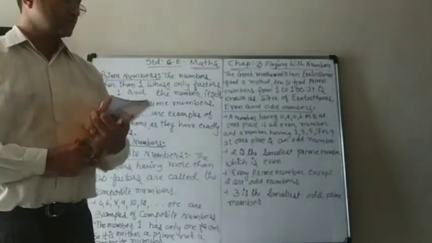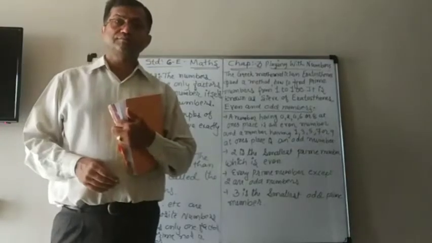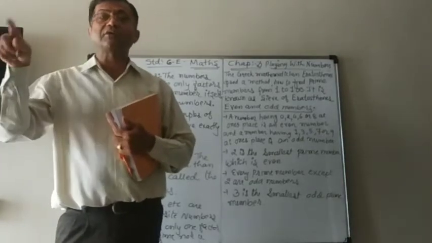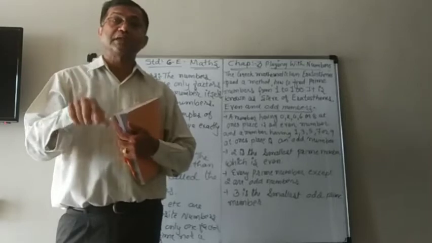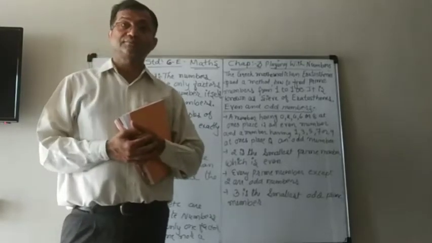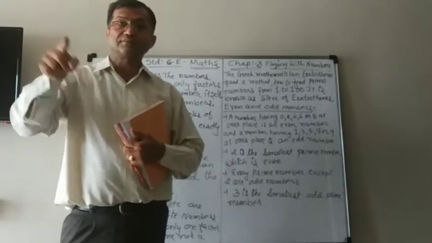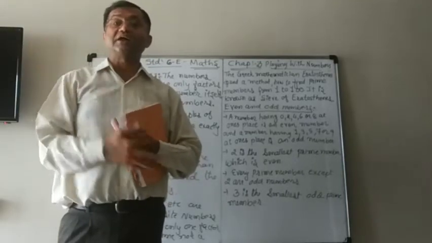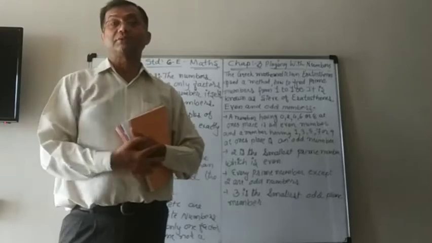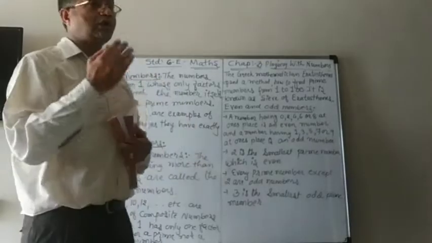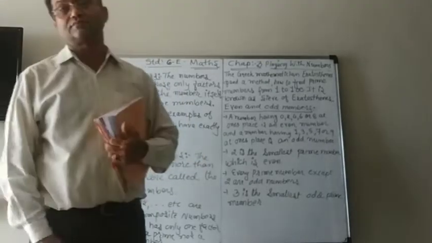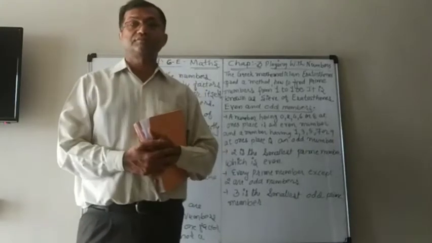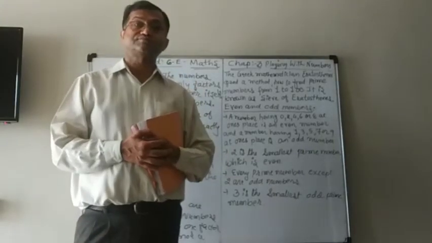So now from this, except 1, all the numbers that have a cross mark are the composite numbers, and all the numbers having a circle around them are the prime numbers. So if you also want to get the prime numbers up to 100, you can do it yourself.